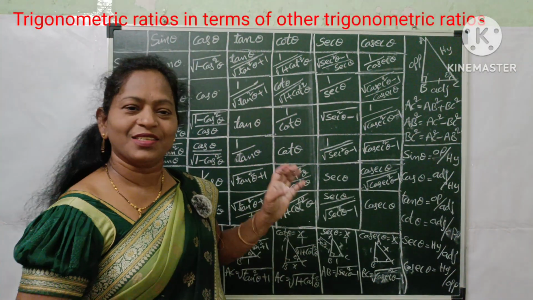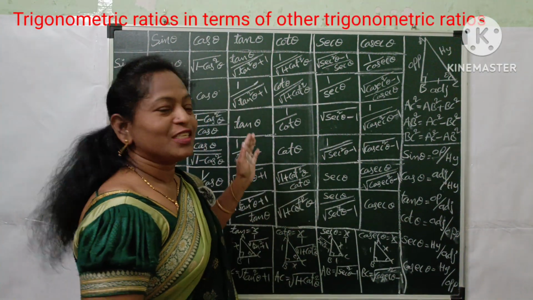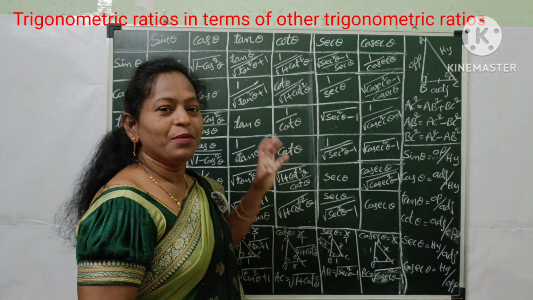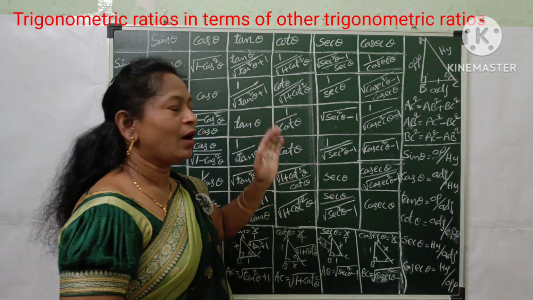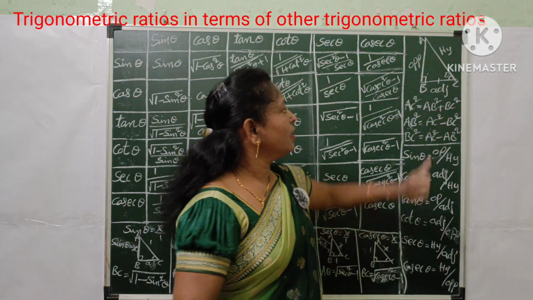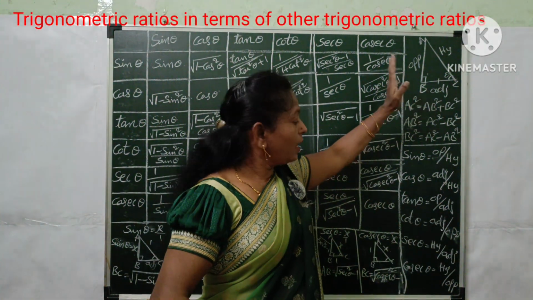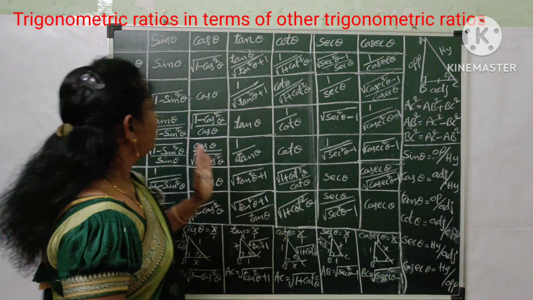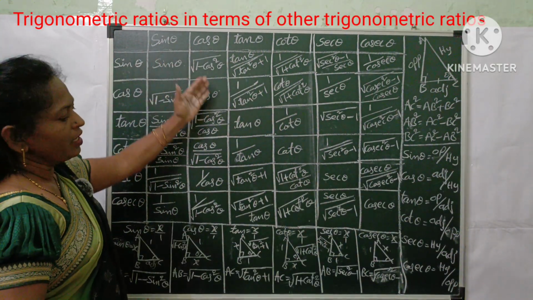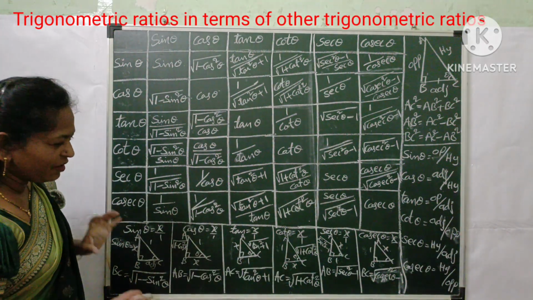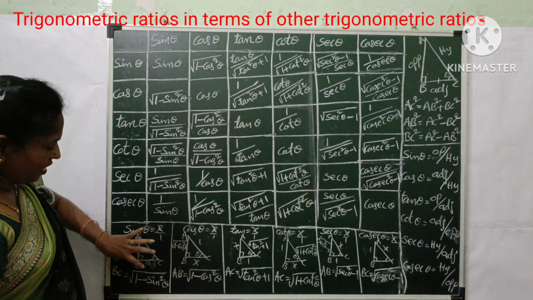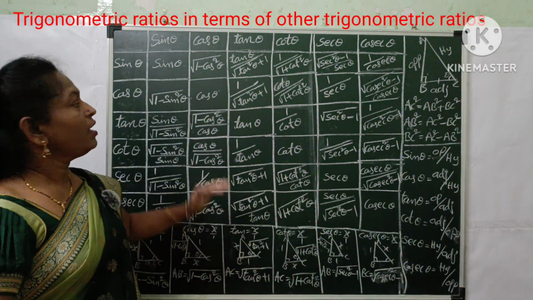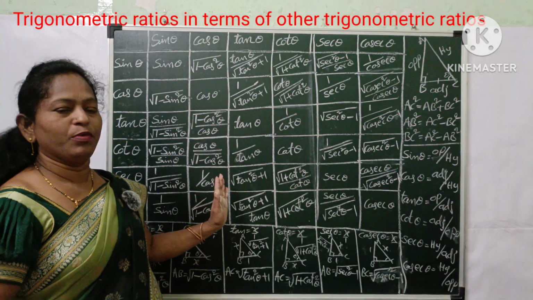These are the 6 trigonometric ratios in terms of other trigonometric ratios. Before going to write this, we have to remember Pythagoras theorem and the 6 trigonometric ratios. Then we have to write the ratios in terms of others. I have given it very clearly here, how we have to frame and write in that table.